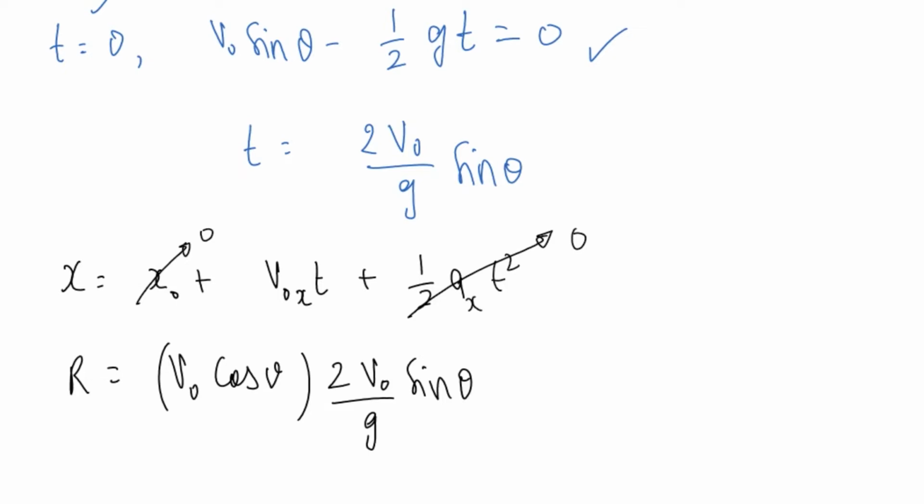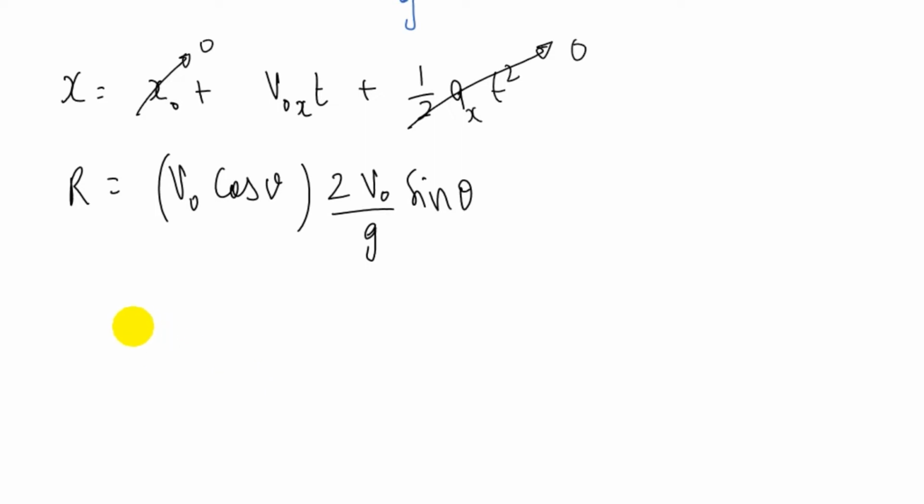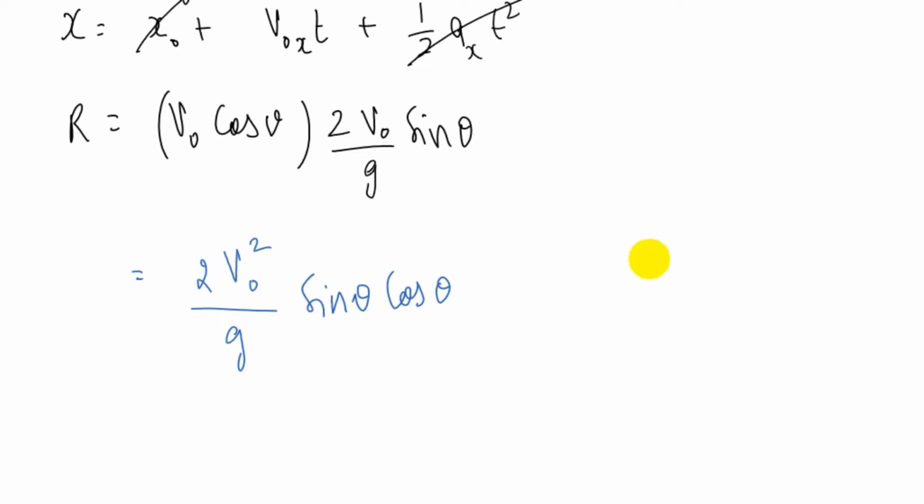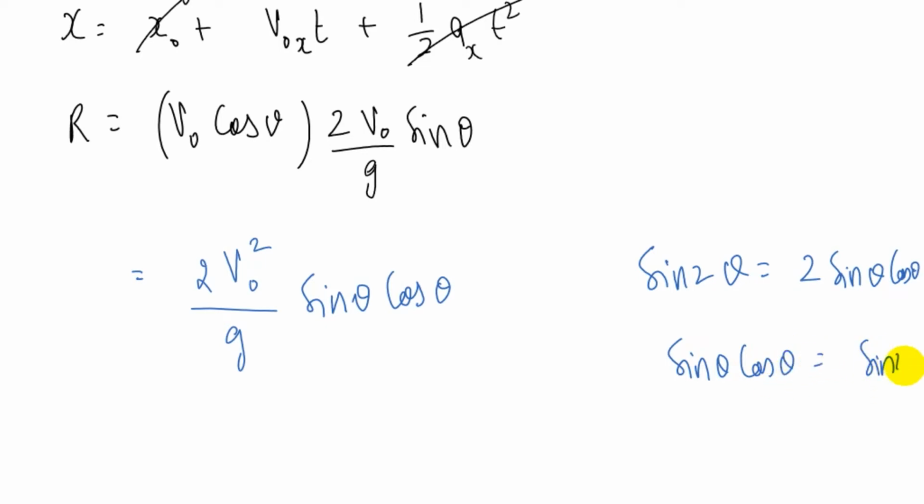We can simplify it further and we'll get this is equal to v0 squared, as this v0 and this v0 become squared, and this 2 as it is, over g sine theta cosine theta, and we can use one trigonometric formula here, which is sine 2 theta is 2 sine theta cosine theta, or we can write that sine theta cosine theta is sine 2 theta divided by 2.